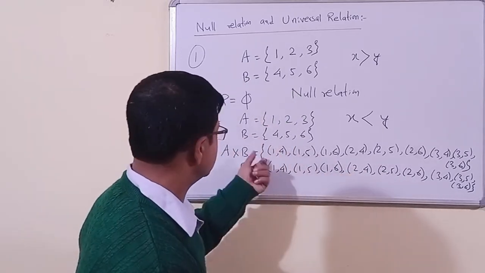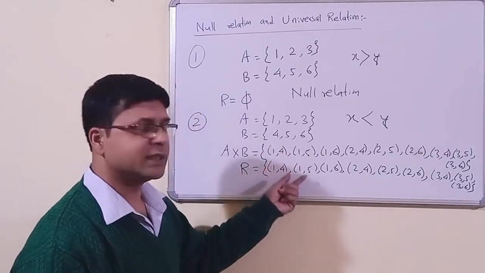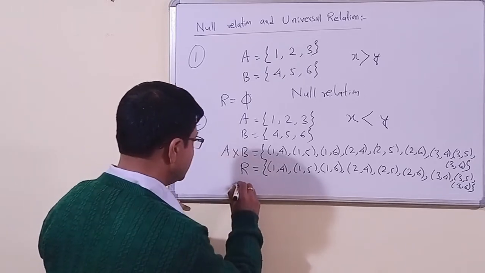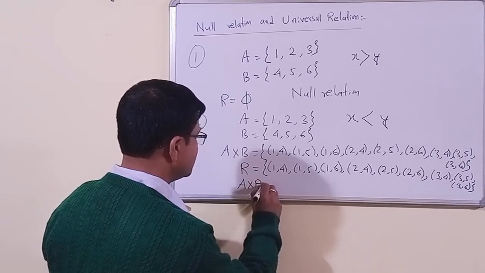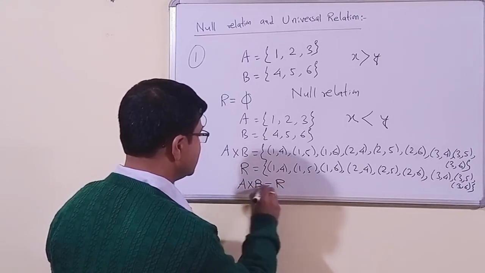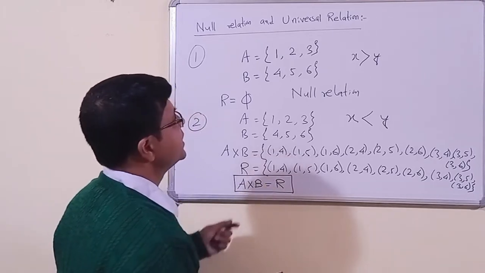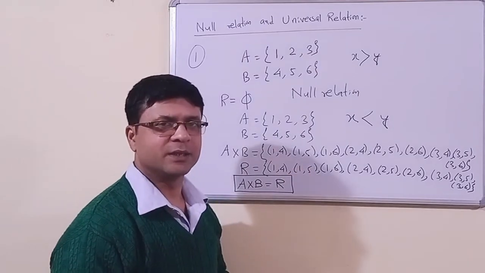If you look at these two results carefully, you will find that they are exactly the same. If A cross B exactly matches this, then we say this relation is the universal relation.